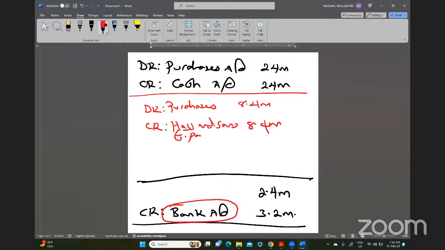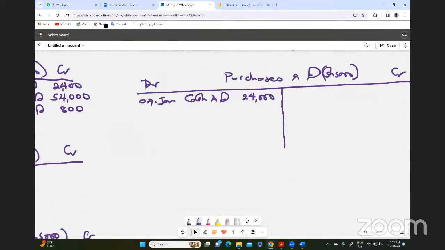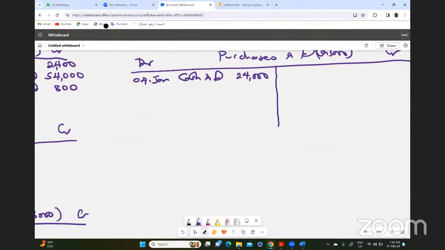Since we are in the general ledger, we shall have one general payables account, not so? Do we have purchases? We have a purchases account already. So what we need is the trade payables account. So let's draw the trade payables account.